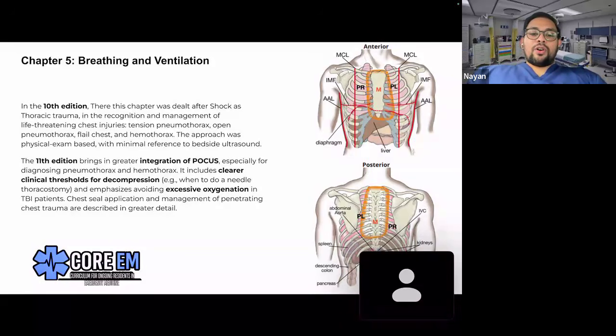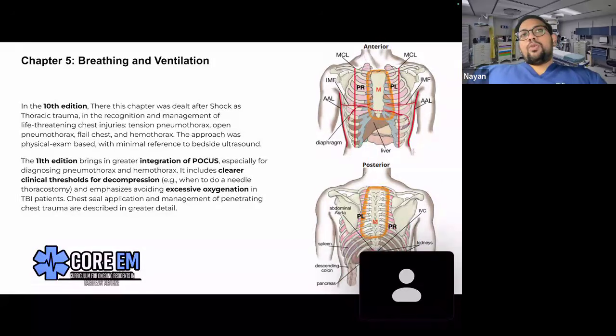They have emphasized the threshold for needle thoracostomy. But here I've seen a few posts where they say that the 11th edition is asking us to put the needle in the second intercostal space rather than the fifth intercostal. That is a misconception. They have not mentioned anything like that.